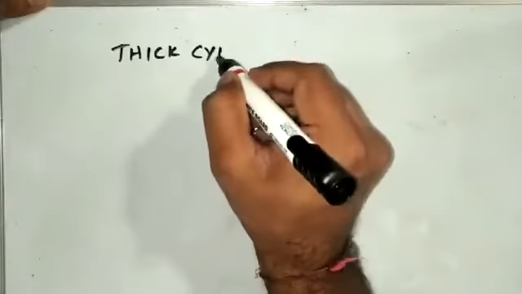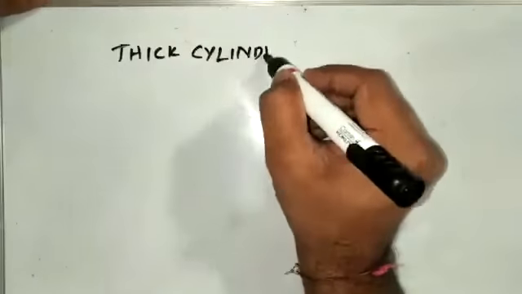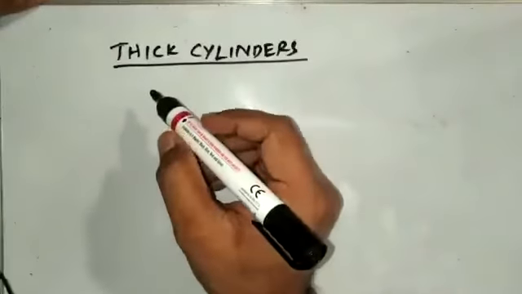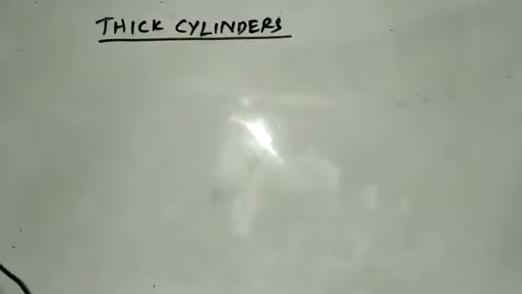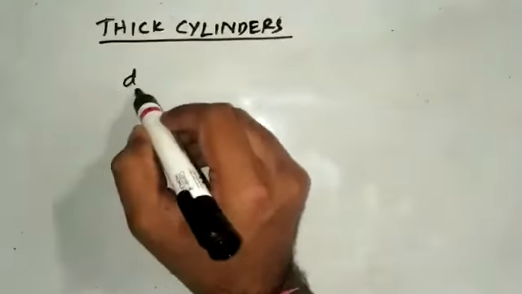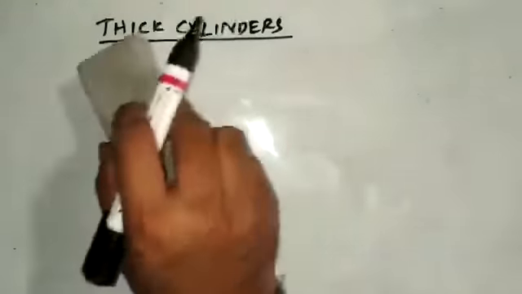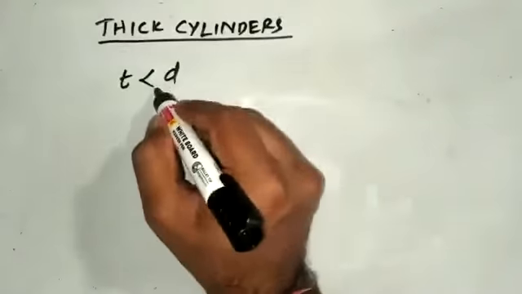Do you know the difference between thin and thick cylinders? How do you differentiate them? If the diameter to thickness, or thickness to diameter ratio, that is, the thickness of the shell is less than d upon 15 to 20.